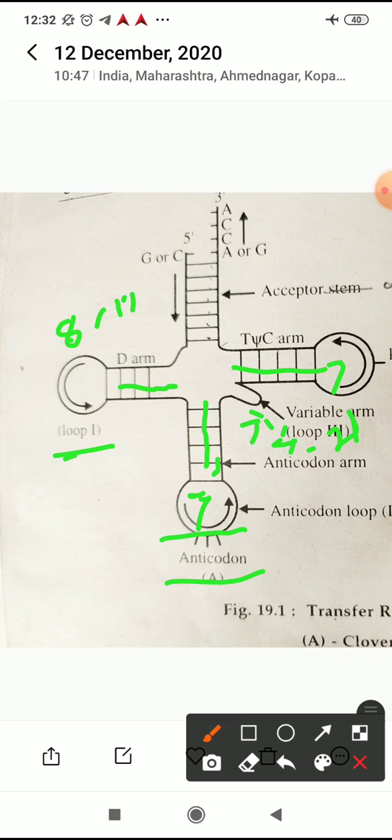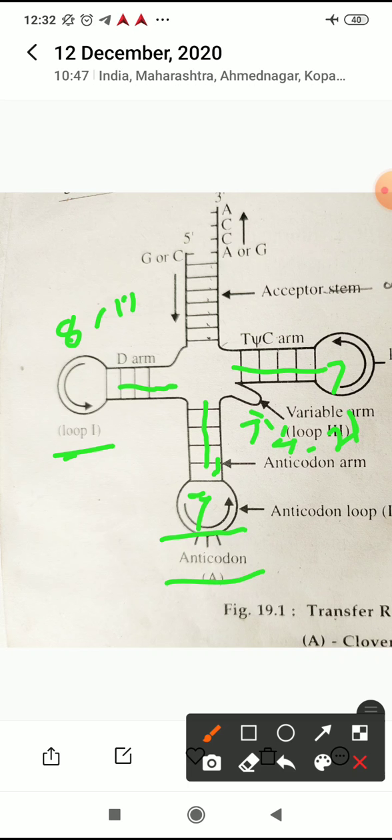Okay, what is the role of this transfer RNA in protein synthesis? That we will see. I have told you that there are 20 different amino acids in the cytoplasm. They are necessary for protein synthesis, and they should be carried to the protein synthesizing site, that is the ribosome.